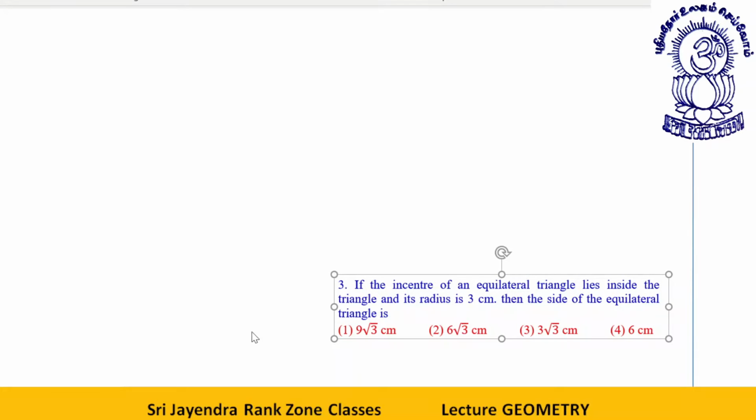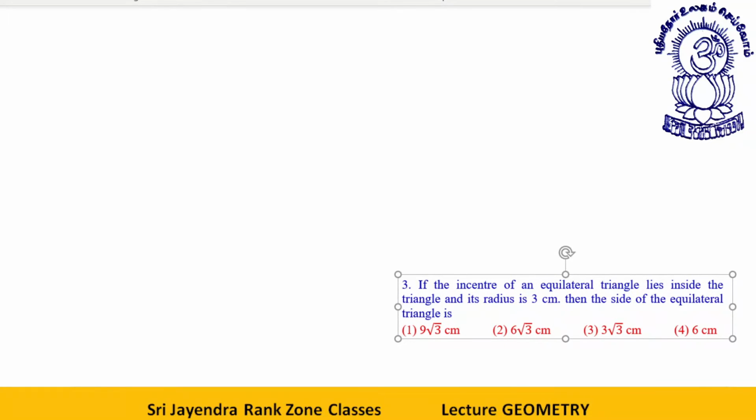Dear students, the next question we have is: if the incenter of an equilateral triangle lies inside the triangle and its radius is 3 centimeter, then the side of the equilateral triangle is, again a very easy question.